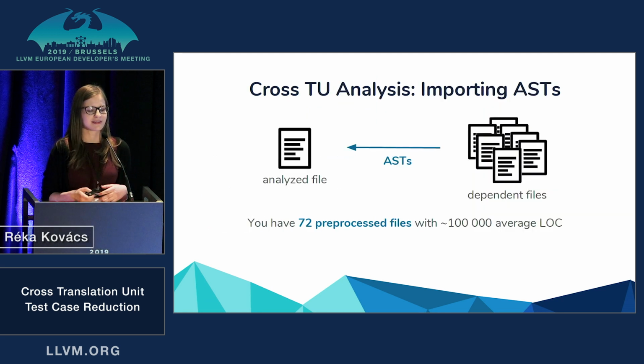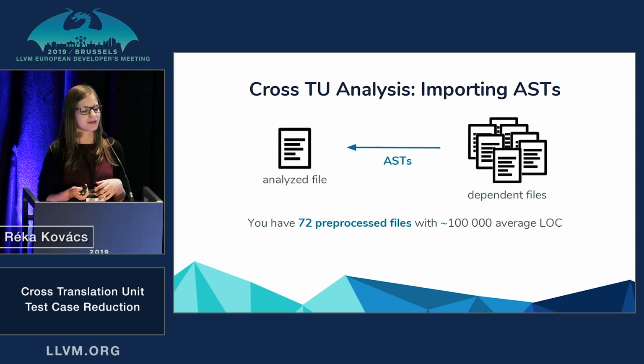To illustrate what happens during cross-translation unit analysis, we have this set of dependent files that contain the functions and classes that we are using in our analyzed file, and we take their ASTs and merge them into the analyzed file's AST, creating this huge monster AST.